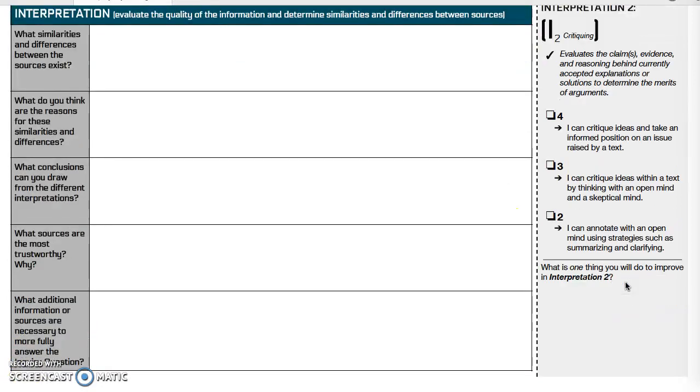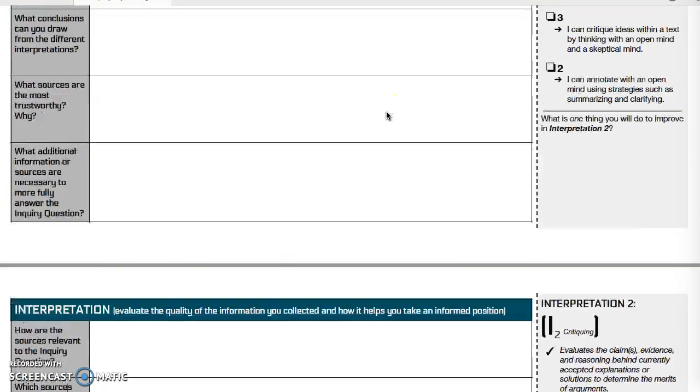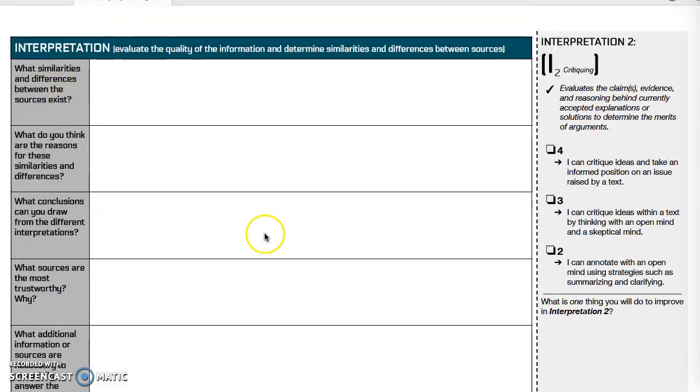And just as you're expected to self-assess where you stand on each of the steps, once you've completed the interpretation organizer, once you've responded to these questions and attempted to evaluate the information and critique the ideas and the sources, you will then be able to assess yourself by determining where you stand, whether you stand on grade level, whether you're above grade level, or whether you're approaching.